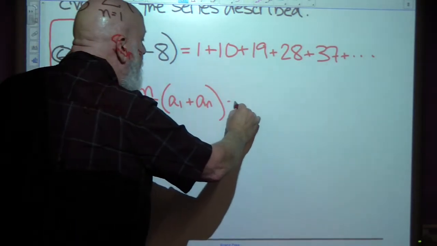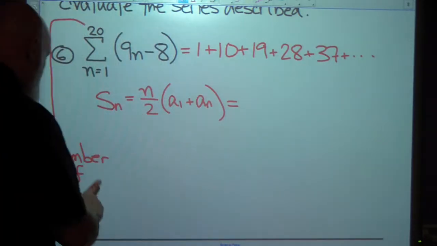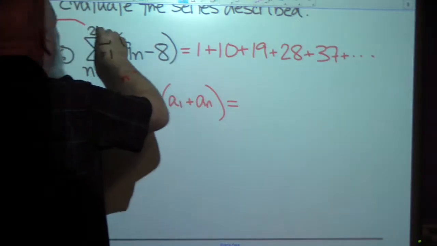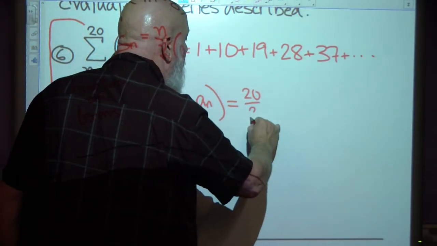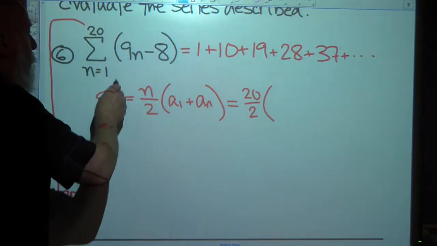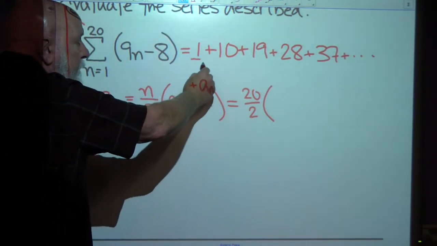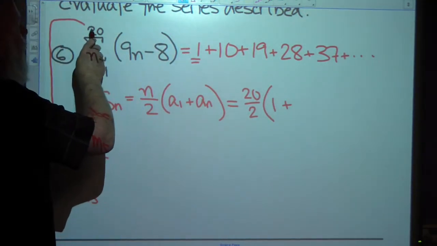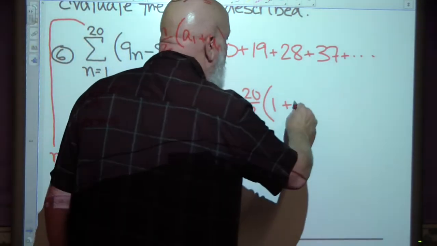So I'm going to say this will be the sum: the number of terms divided by 2. So that's 20 divided by 2. I could just call it 10. The first term will be, well, what do I get if I plug in a 1? 9 times 1 minus 8 is 1. There's my first term, 1, plus the last term. What do I get if I plug in 20? That's 180 minus 8. That's 172, I believe.